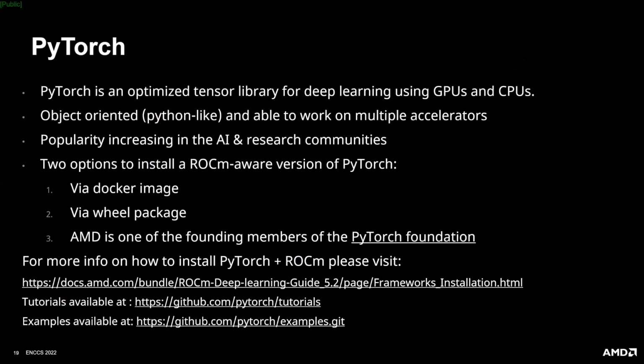Again, it works on our hardware, competitors' hardware, and can also scale out on multiple GPUs in a node or even across nodes. Popularity is increasing in the AI and research communities, and again, we have two options to install a ROCm-aware version. If you don't want to build it from source: Docker image, wheel.